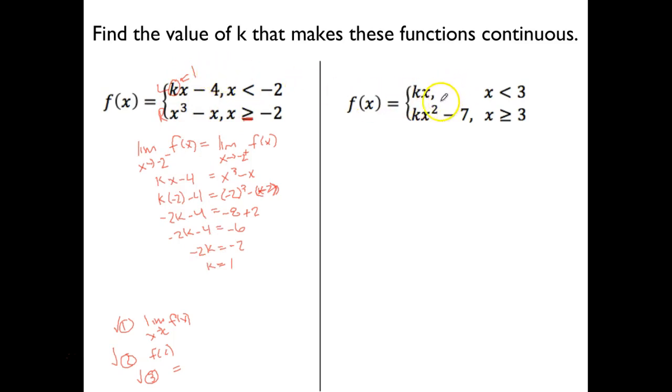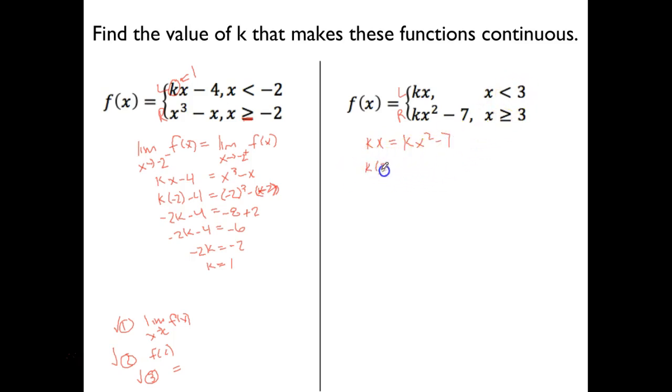So same thing over here. If you notice, we have the exact same stuff going on here. To make the limit exist, we need to set the left side equal to the right side. So kx equals kx squared minus 7. We're plugging in 3 for x.